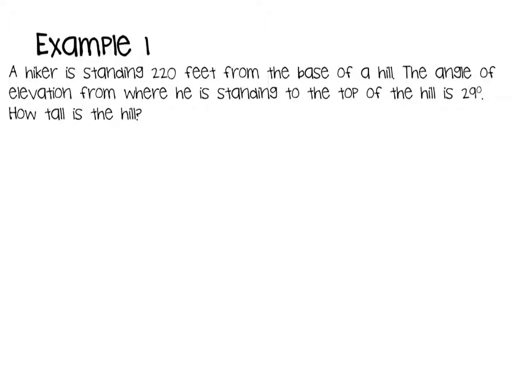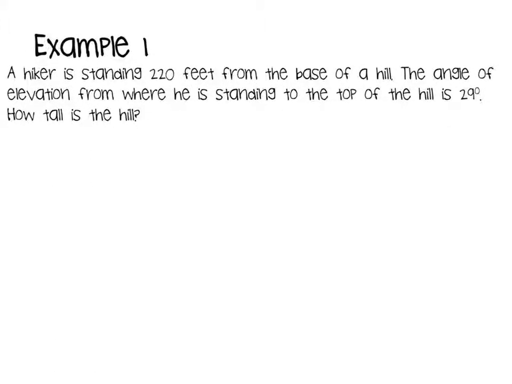Our first example says, a hiker is standing 220 feet from the base of a hill. The angle of elevation from where he is standing to the top of the hill is 29 degrees. How tall is the hill? So if we were to draw our picture, you have a hiker who's standing 220 feet from the base of the hill.